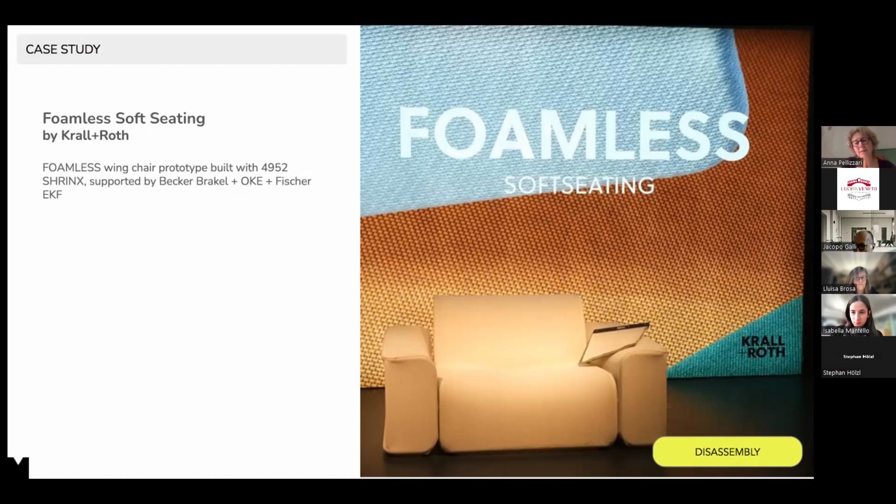But what's interesting here is the idea of removing materials. So no foam, same performance, or let's say similar performance without the use of foam, which is PU typically.